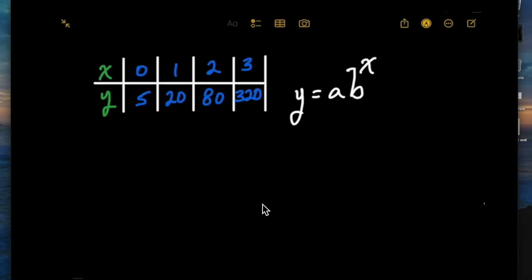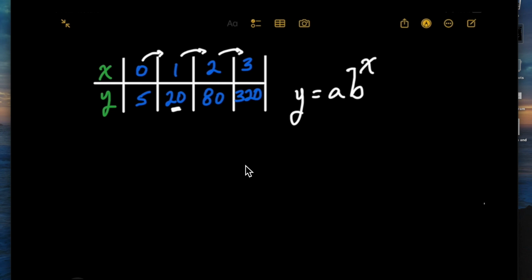Let's now proceed with finding the exponential equation using this table of values. As you can see, the x values progress by +1 each time. Therefore, we can go ahead and use the ratio between the y values to get our b.